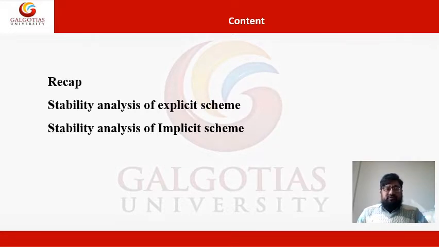The content of today's lecture: recap, stability analysis of explicit scheme, and stability analysis of implicit scheme. So till now we have considered the discretization of derivatives, how we obtained them from Taylor series, what the different errors are, and what the basic definitions are: consistency, stability, and convergence.